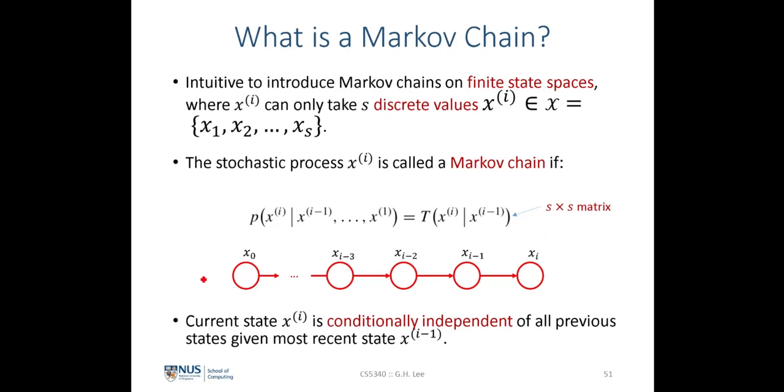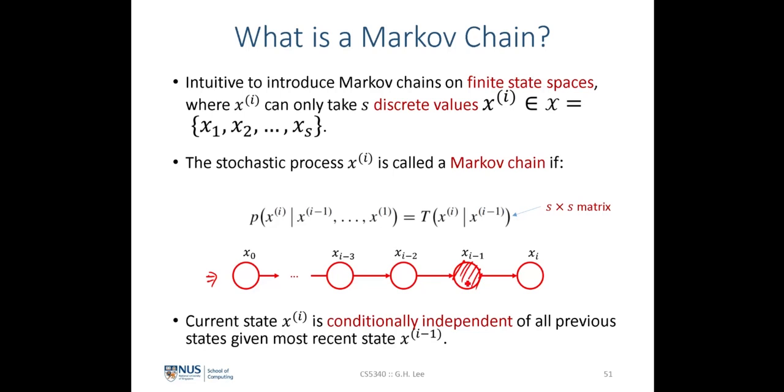And here's the graphical model or the Bayesian network of this first order Markov chain, where we can see that any random variable here, xi, is conditionally independent of all the other random variables given the previous random variable. And this can be seen because of the fact that this is a head-to-tail graphical model over here.